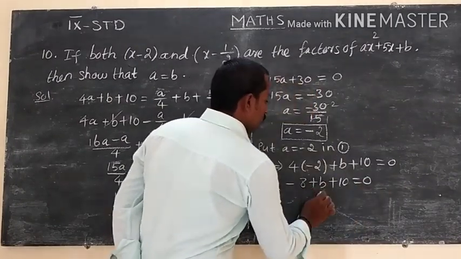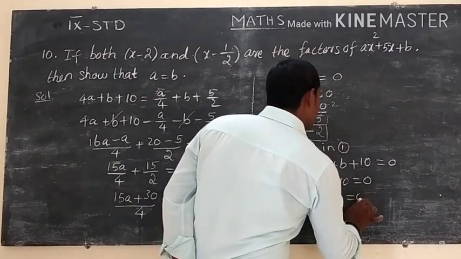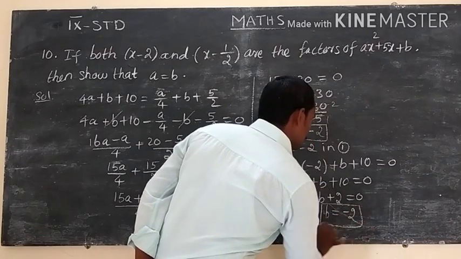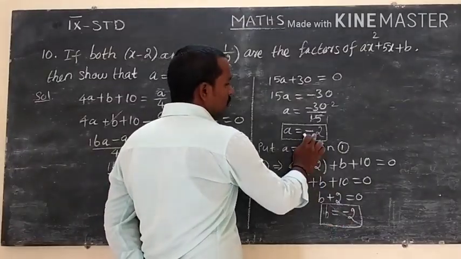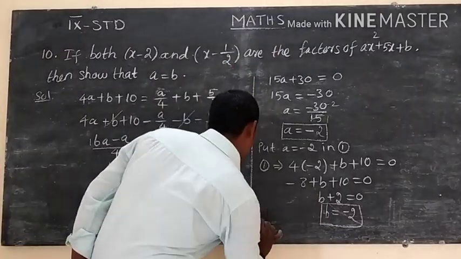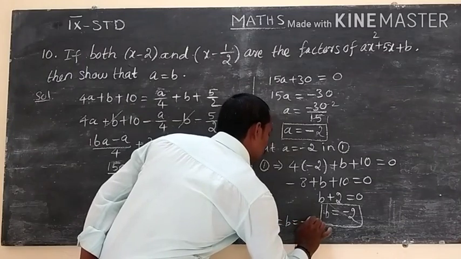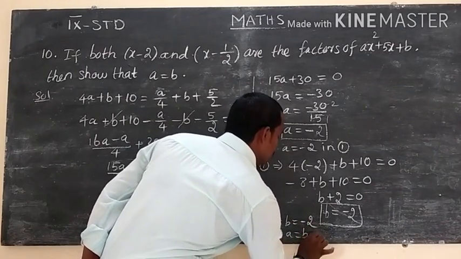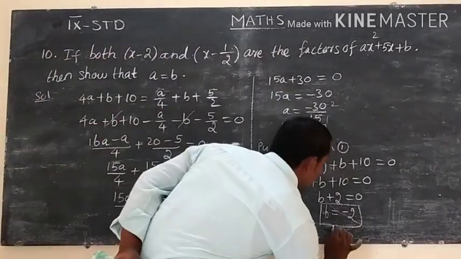So b minus 8 plus 10 gives plus 2 equal to 0, so b is equal to minus 2. Comparing a and b, both are equal: a is equal to minus 2, b is equal to minus 2. Therefore a equal to b equal to minus 2, that is a equals b. Hence proved. This is your result.